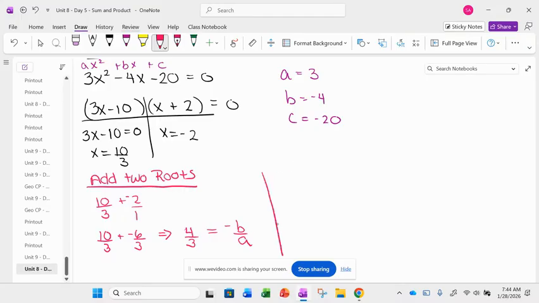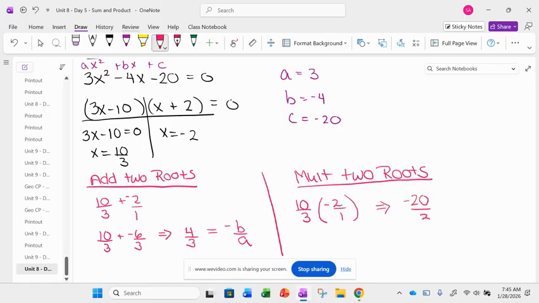Now what I want us to do is multiply the two roots. So that means I'm going to take 10/3 and multiply it by -2/1. And when we multiply it, we end up with -20/3.